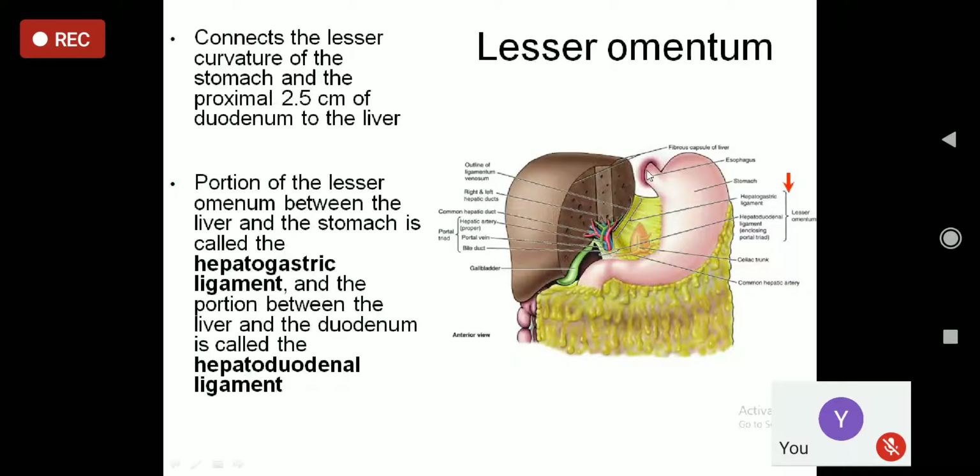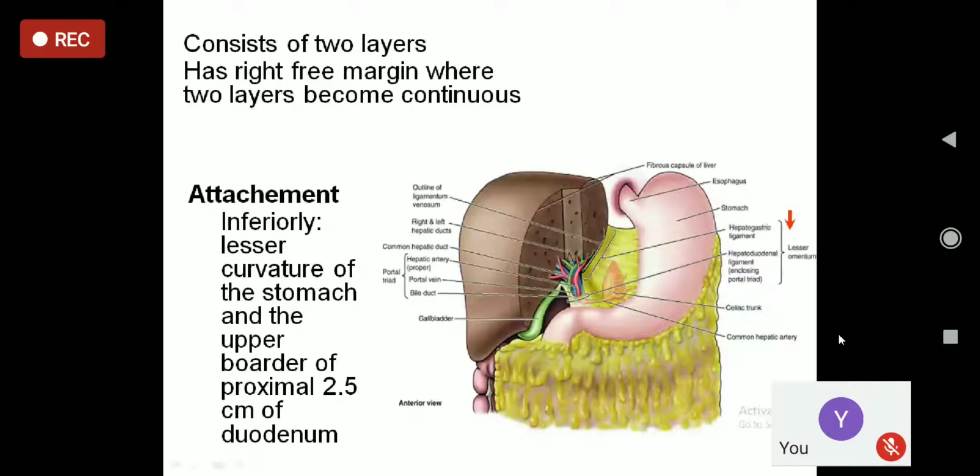So the lesser omentum is attached from the lesser curvature of the stomach to the liver. Here we can see the porta hepatis, where some structures are passing to the liver. The lesser omentum consists of two layers and has a right free margin where the two layers become continuous.